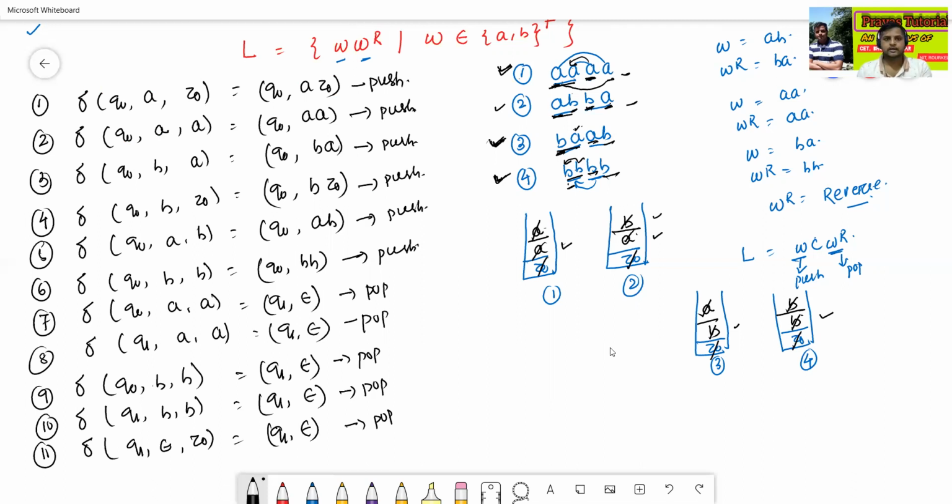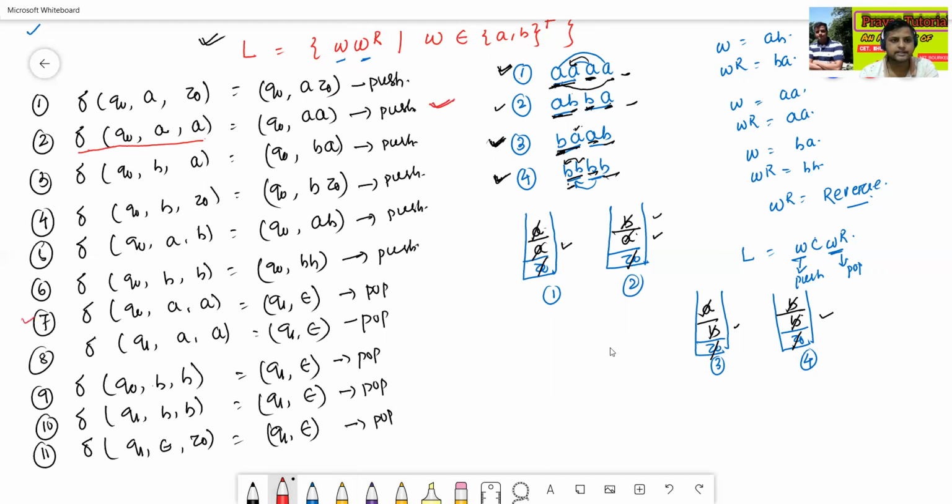Okay. But this is the push down automata for the given language L equal to W1. See one difference here: in the first transition, delta Q0 A means a push operation.